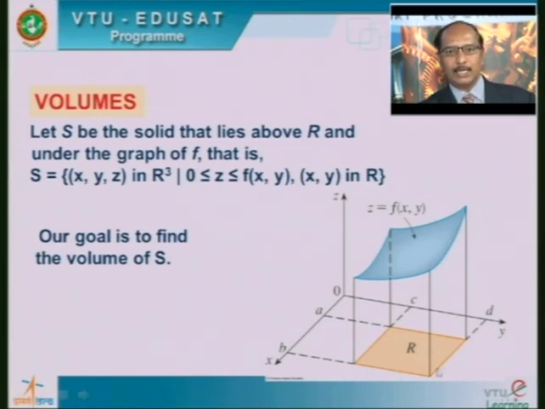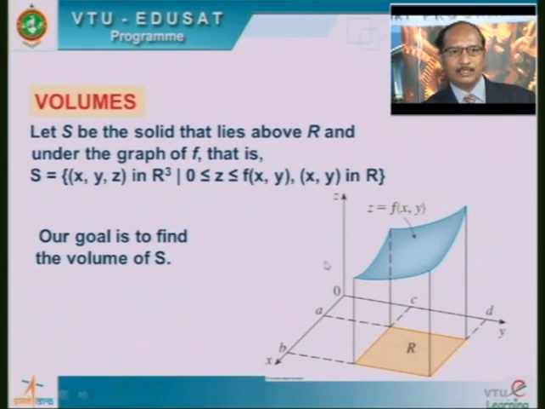R is a rectangular region bounded by x equal to a to x equal to b, this is the interval, and y equal to c to y equal to d along the y axis. Combined you get a rectangular region R. For those x and y values, this surface is generated. Putting x and y values in z gives the surface.